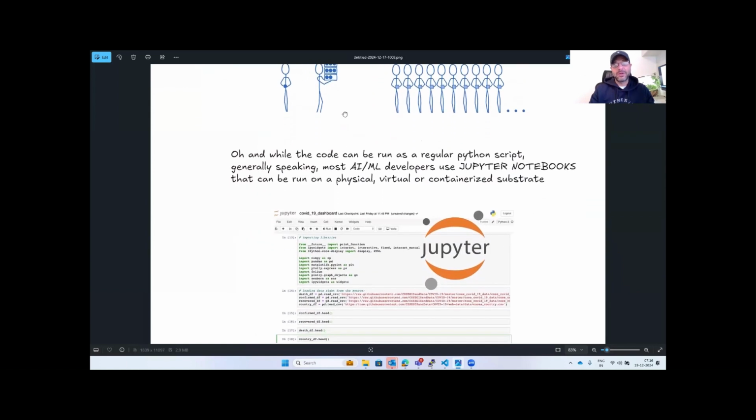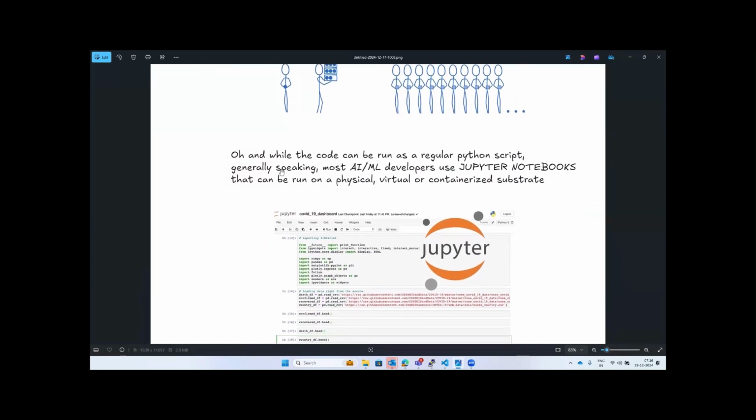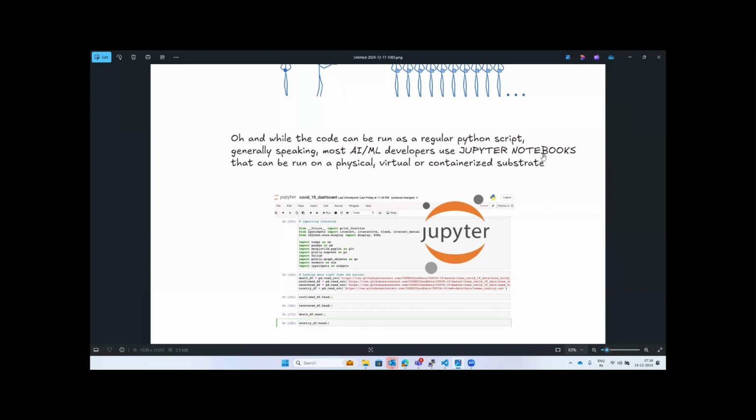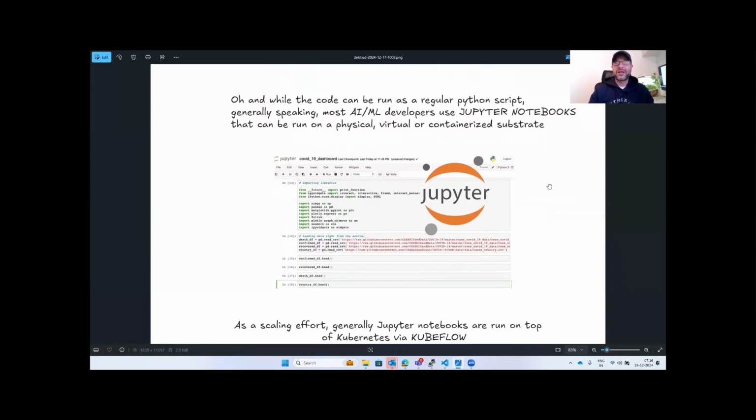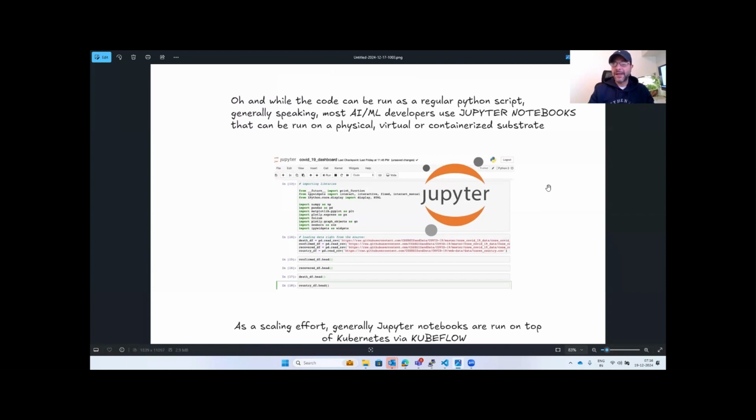And then, I tend to highlight this, but while the code can be run as a regular Python script, almost all of the time, most AI/ML developers will typically use Jupyter notebooks, right? I'll keep this narrative very short, but Jupyter notebooks are basically a web-based, interactive way to run your Python code onto an underlying compatible substrate, right?